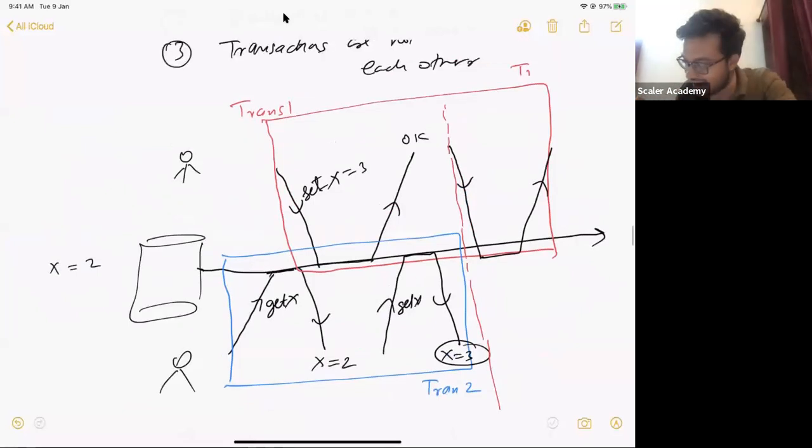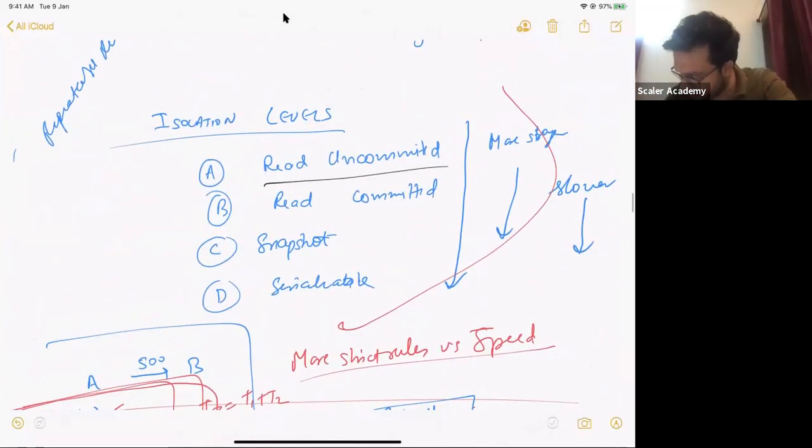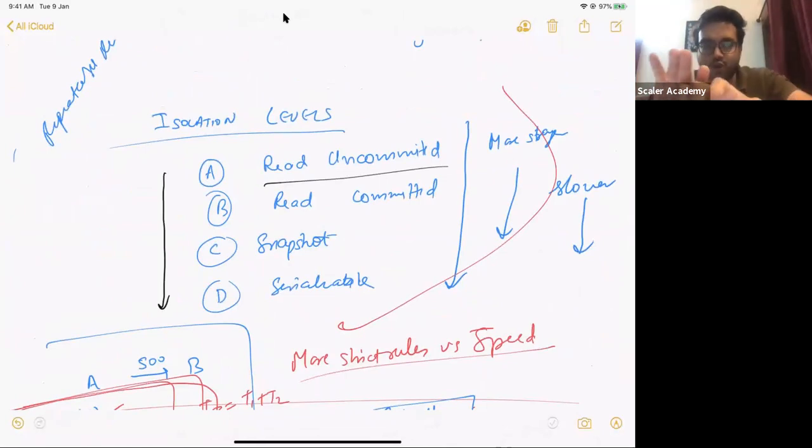Whenever you are increasing the isolation level, making sure your transactions remain as isolated as possible, you would realize that you are making your system slower and slower. Does that make sense? You are getting more guarantees out of the database, out of the box, but at the same time, your system is becoming slower and slower. Does that make sense to everybody? Right. So I am not saying that read uncommitted, no database in this world would be using it.